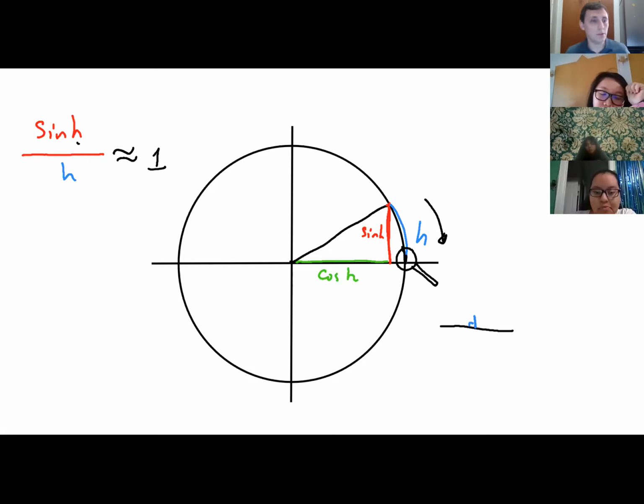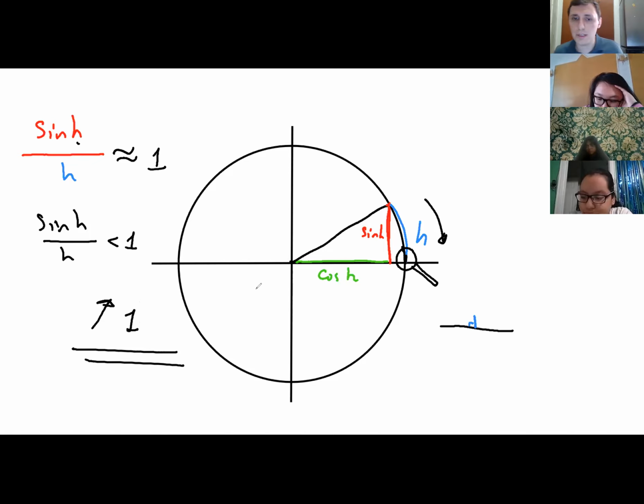That's brilliant. So we see that sine h over h is actually smaller than 1, and so the limit grows towards 1. That's what's happening.